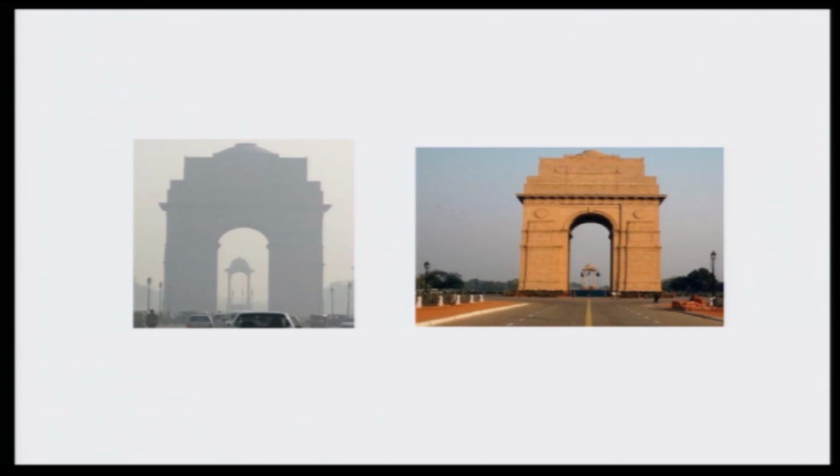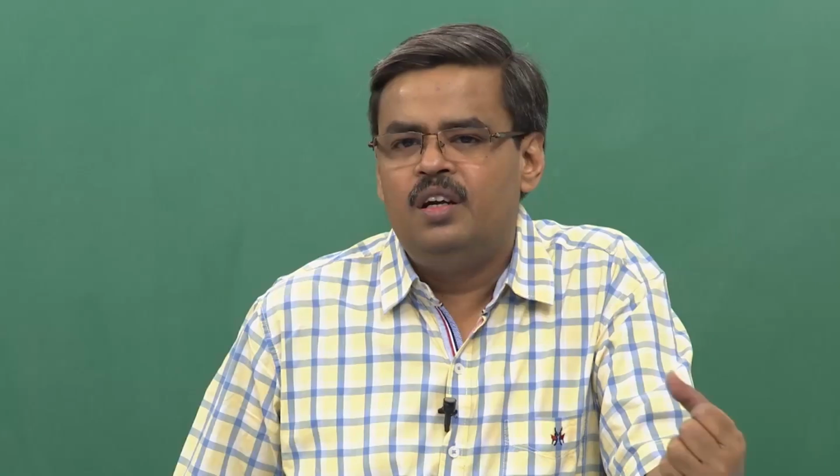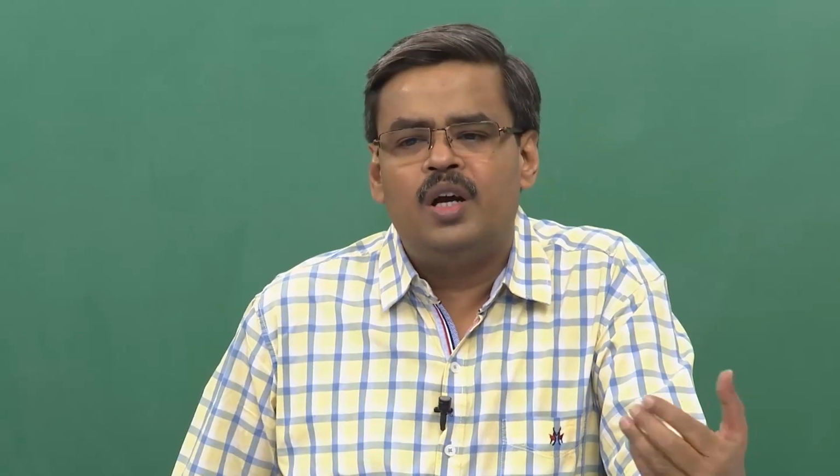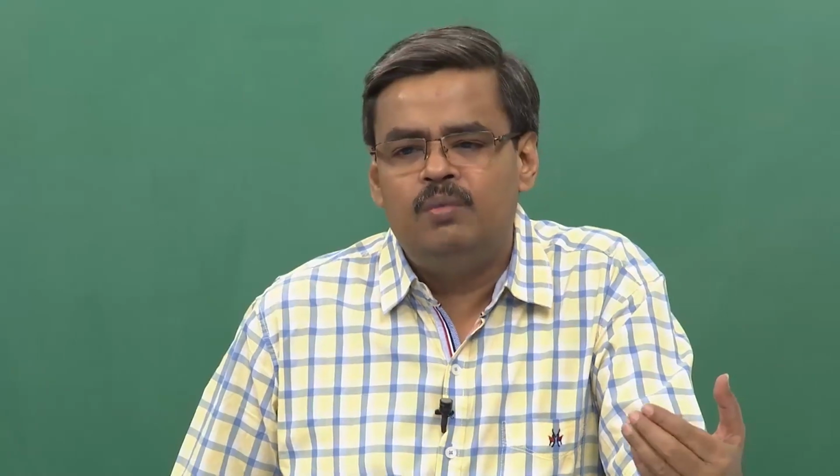In the other case the clarity is compromised, and so the image on the right tells you that the structure is nearer to you, the image on the left tells you that the structure is far off from you. So, in terms of monocular cues, how clear the image is would tell you how far or how near you are to the object.